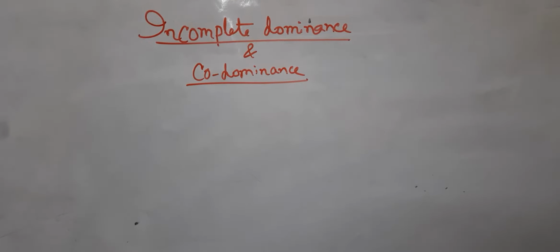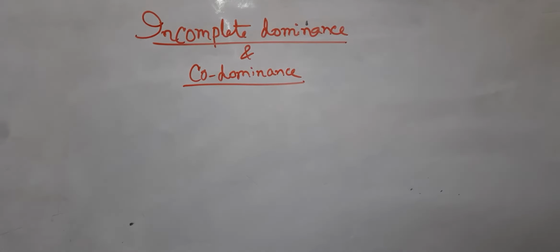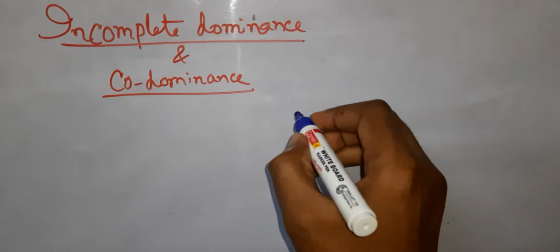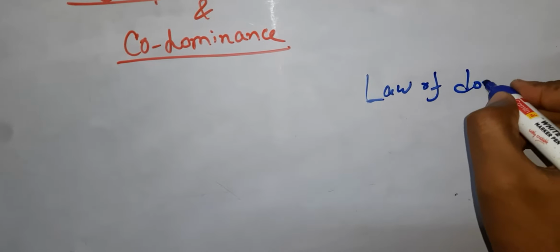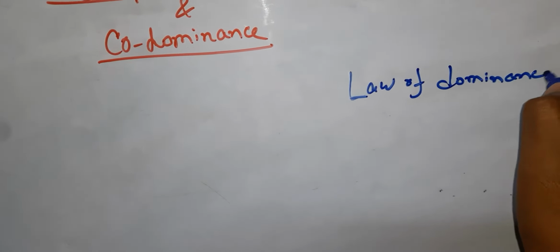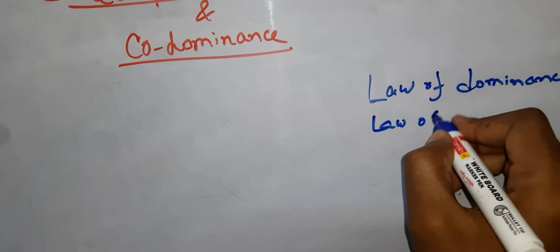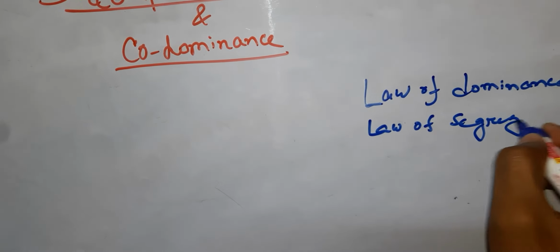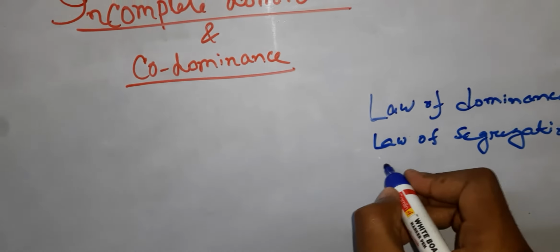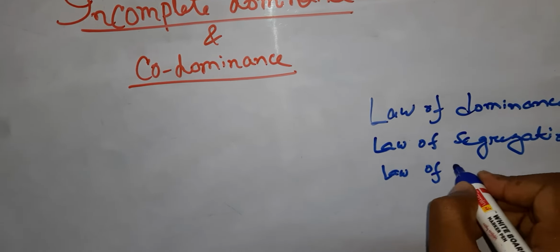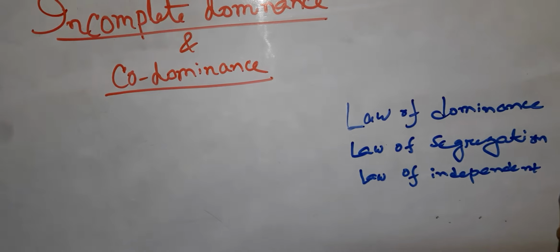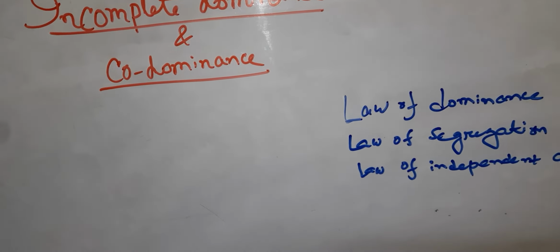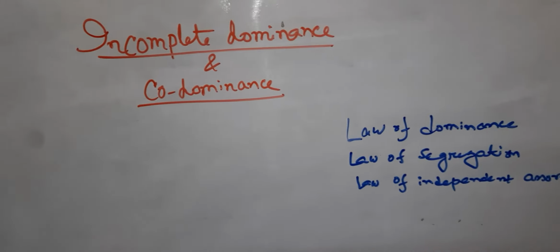In my previous lecture we have discussed the concept of Mendelian genetics, and we have seen three important concepts like law of dominance, law of segregation, and law of independent assortment.